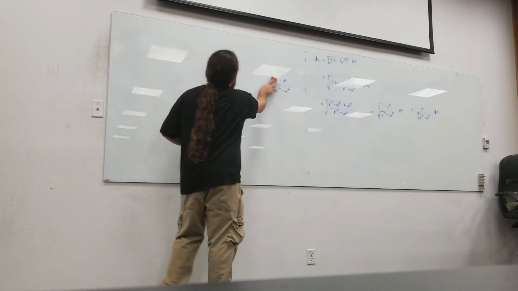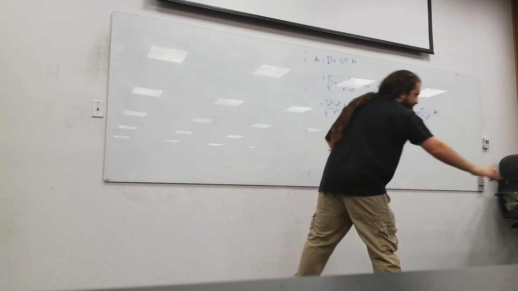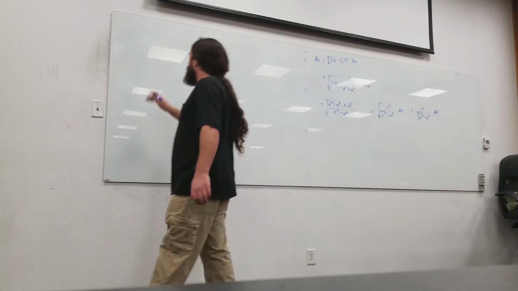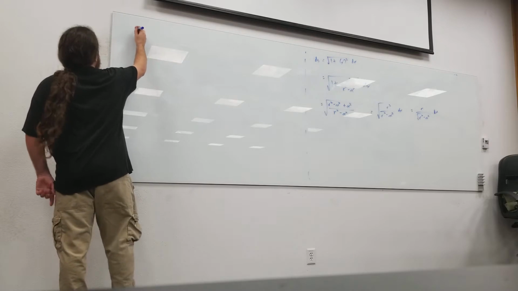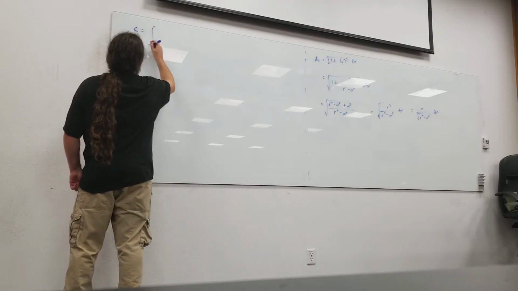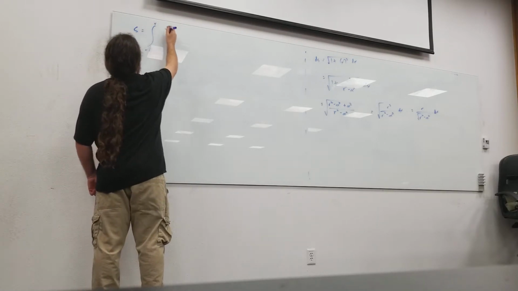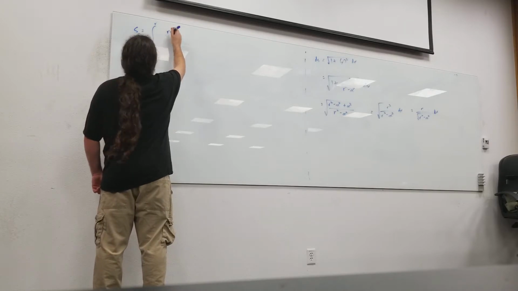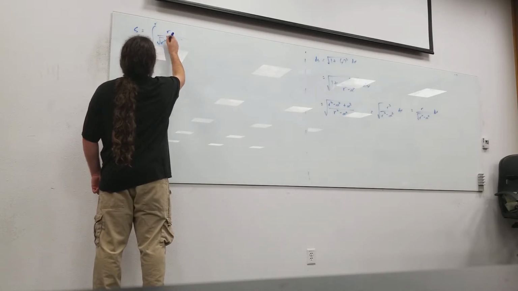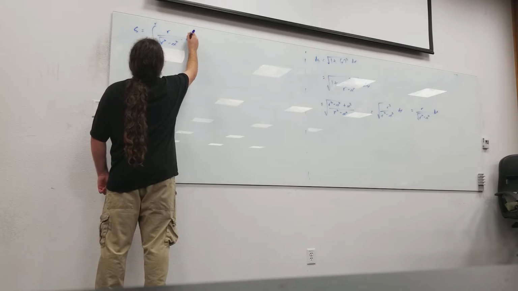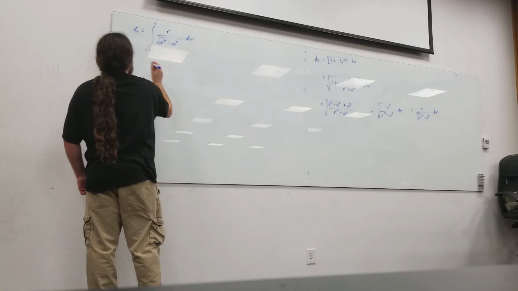So who knows how to do this integral? That's a trig sub, right? So arc length is going to be the integral from negative r to r of r divided by the square root of r squared minus x squared. So what's your trig sub anyway?